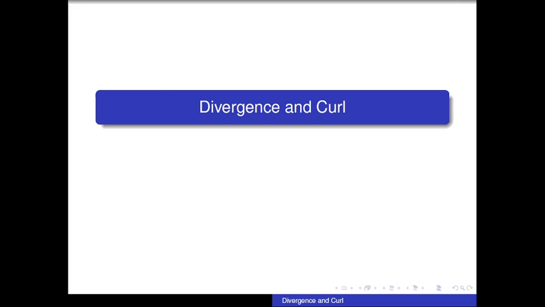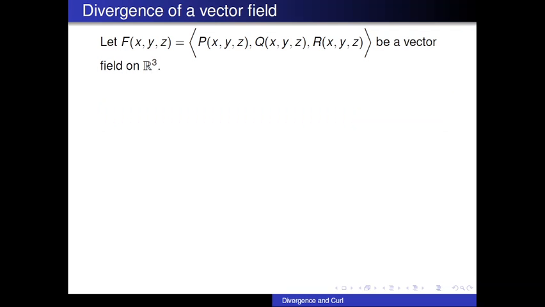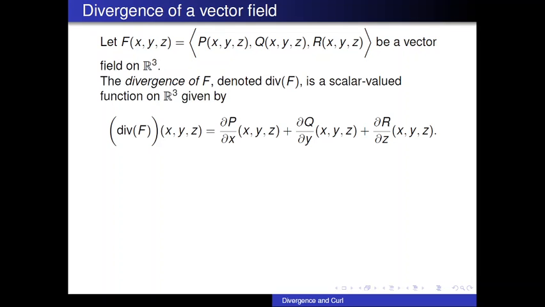But before we get there, we have to meet two new concepts related to vector fields, and these are called divergence and curl. So let's start with a vector field on three-dimensional space. Its three component functions are P, Q, and big R. Then the divergence of this vector field is a scalar valued function associated to the vector field.